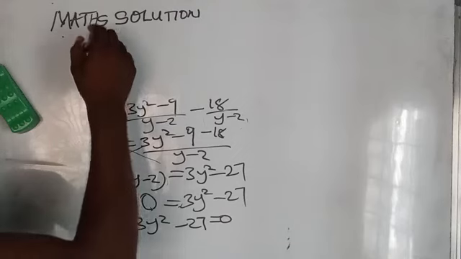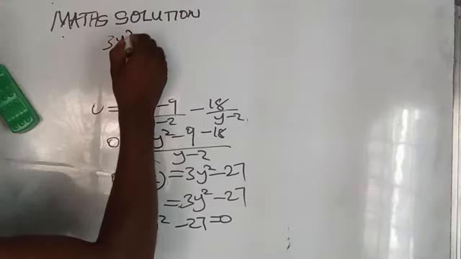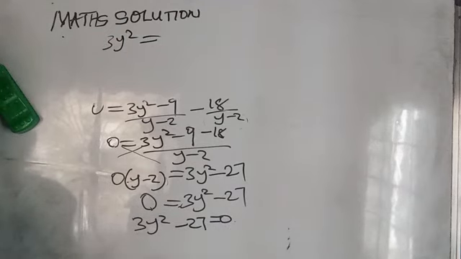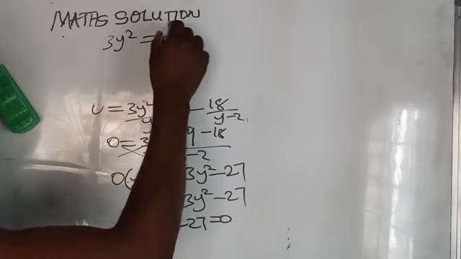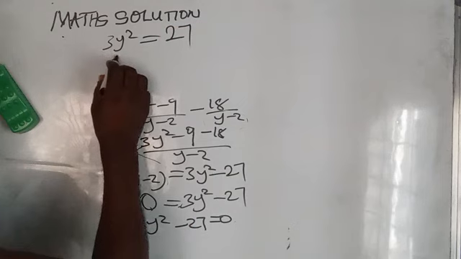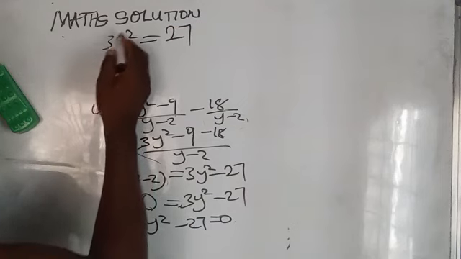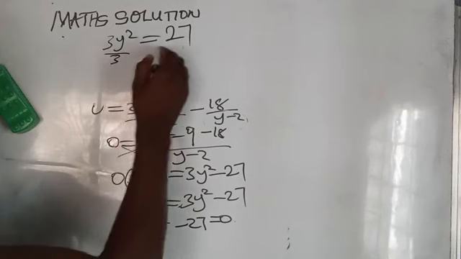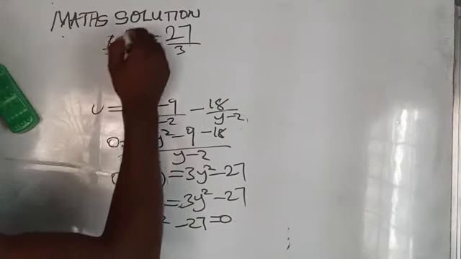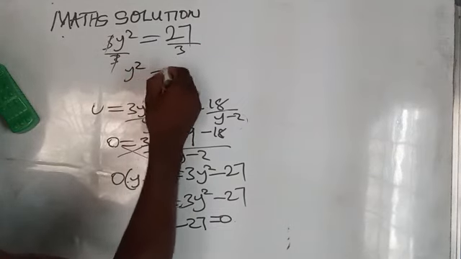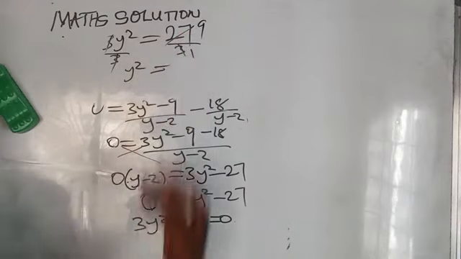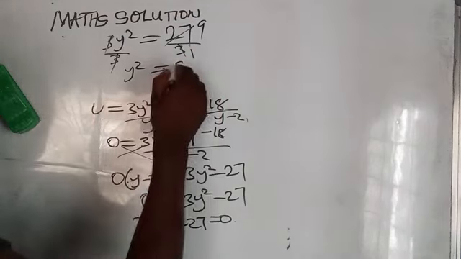So 3y squared equal to minus 27, if it goes to this side, becomes plus 27, right? Becomes 27. Then divide both sides by the coefficient of y squared, 3, so you have 3 over 3, which is the coefficient of y squared. Cancel: 1 times y squared is y squared, equal to 27 divided by 3, which is 9.